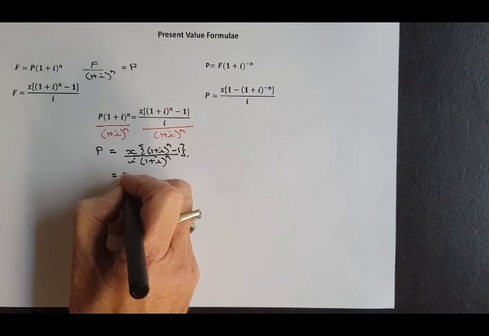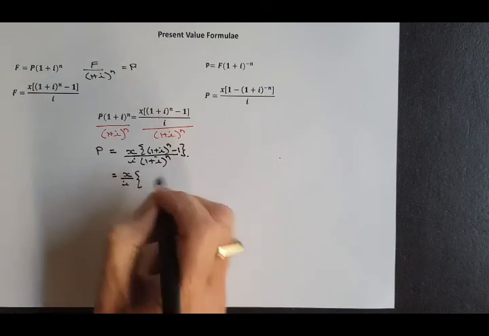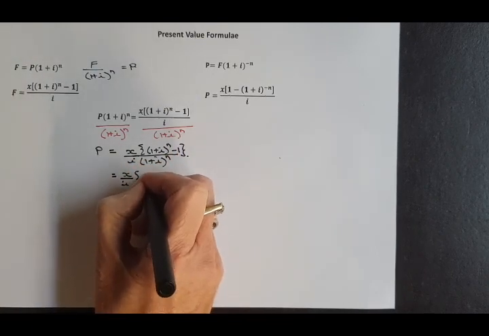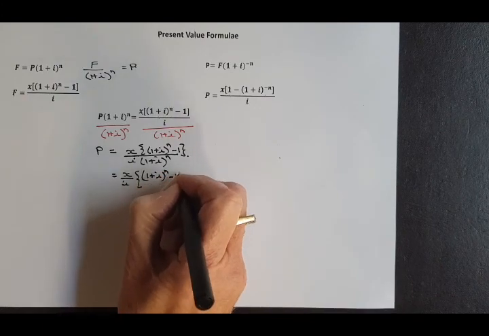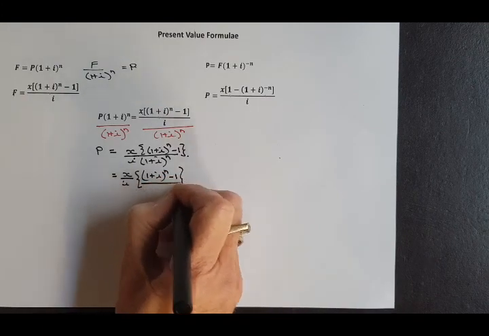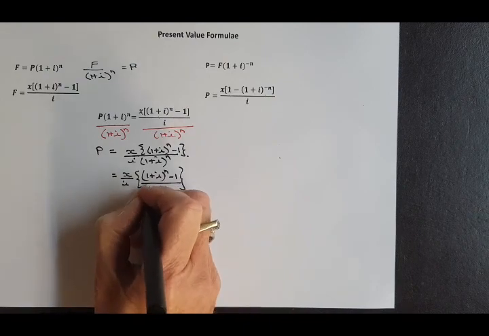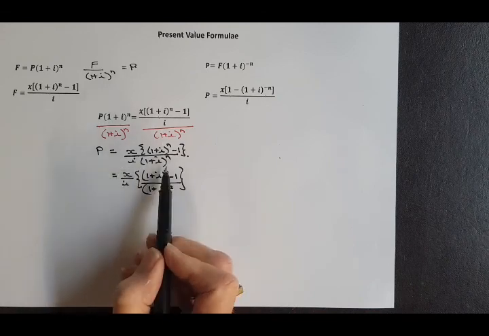I can split that up a little bit. And that common denominator I can write like that. That is essentially the same. The top times the top, the bottom times the bottom.